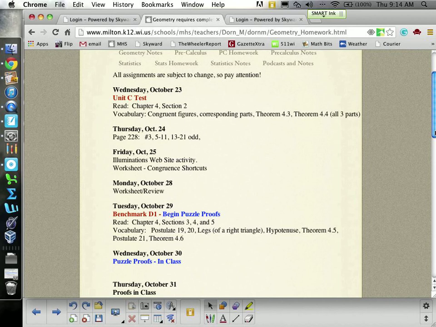Hold on, let me double check that. Page 228. Yeah, you can skip number 19.